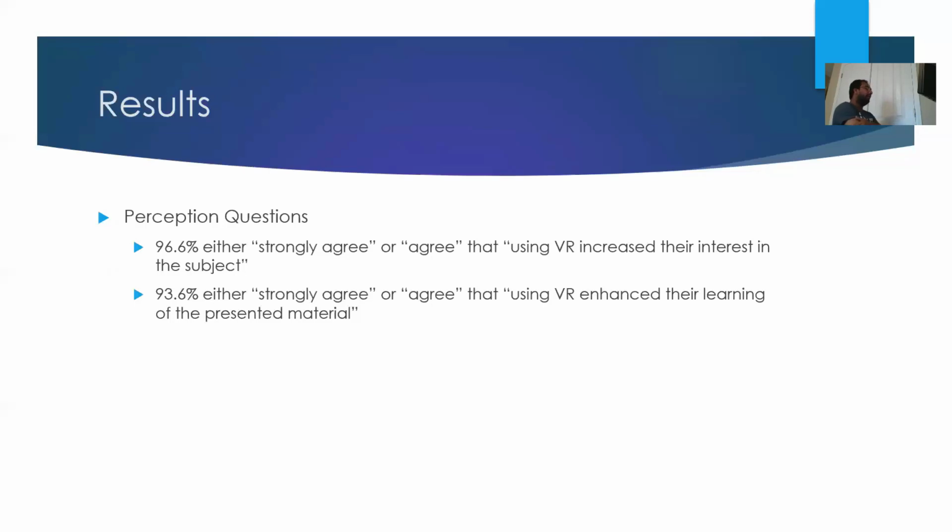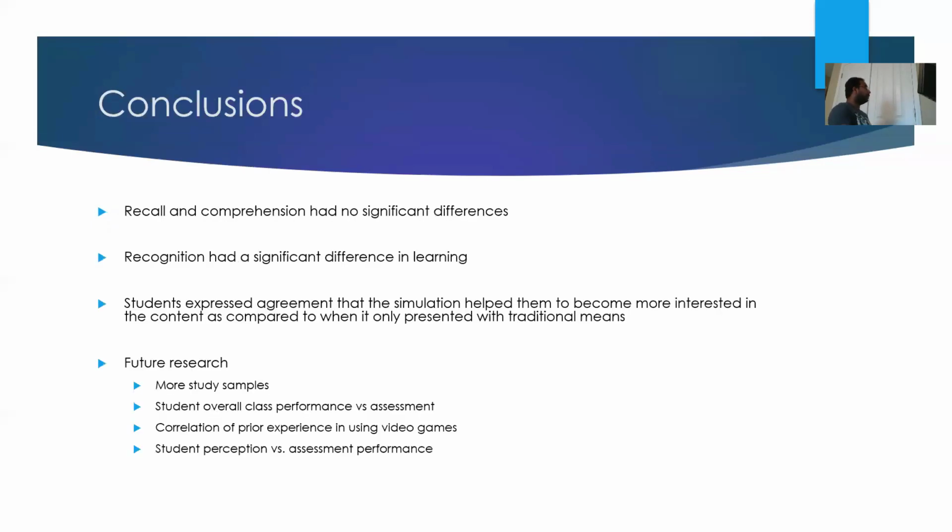So not only did the sequential order assessment show improvement in students' learning, but the perception of the students was that they actually like VR. They want to learn using the VR environment, and it increased their interest in the subject, which is a huge benefit to us teachers within construction management programs.